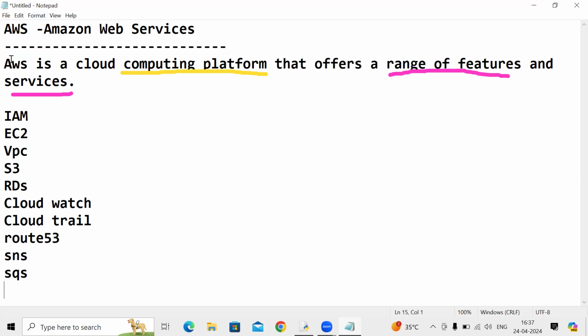These are the modules, guys, which we have in Amazon Web Service.